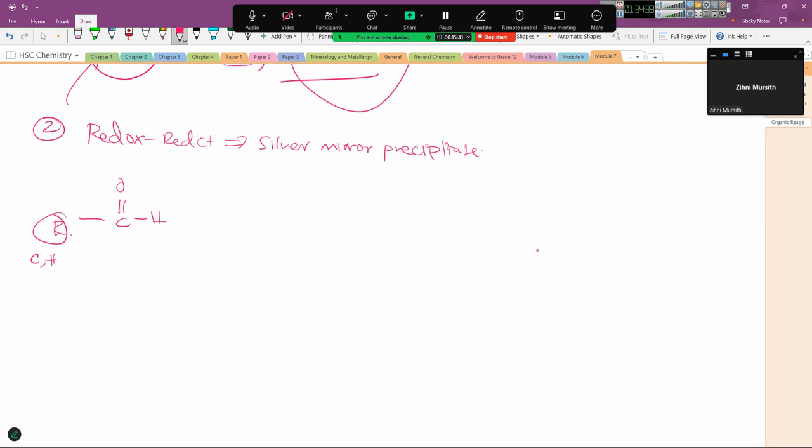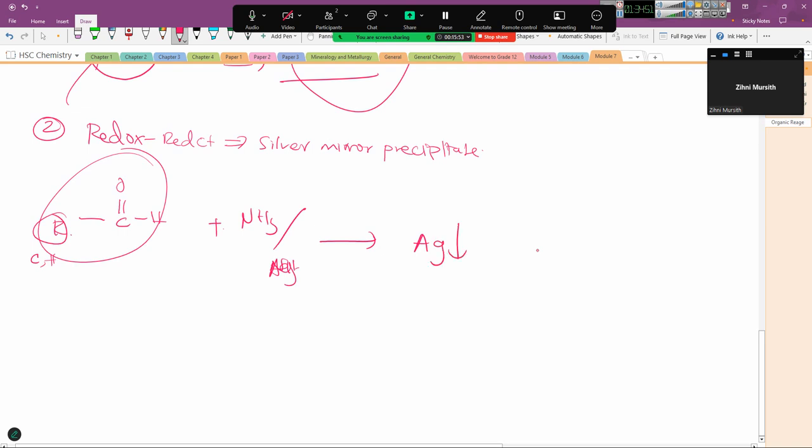If you add this to the solution, ammonia and AgNO3, nothing else, it will produce an Ag precipitate. This is going to be our main product. Ag itself will precipitate as a silver mirror. Have you understood that now?